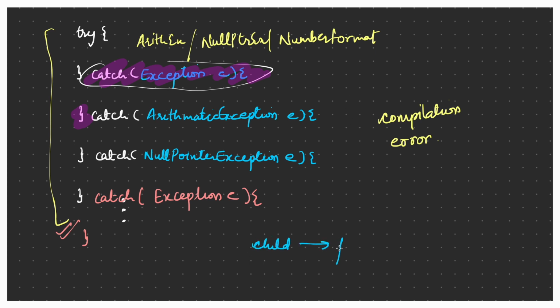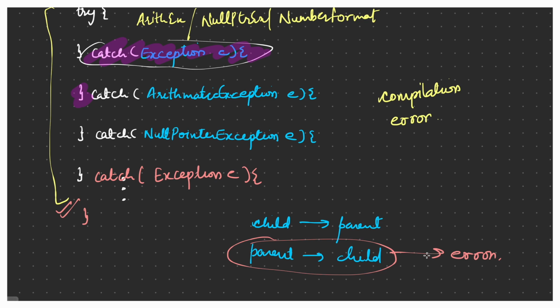If the order is reversed, it will give us an error. So we saw that multiple finally blocks are not allowed, whereas multiple catch blocks can be present. But if there is a parent-child relationship between the classes inside the catch blocks, the order will be child to parent. Otherwise, it will give us a compilation error.